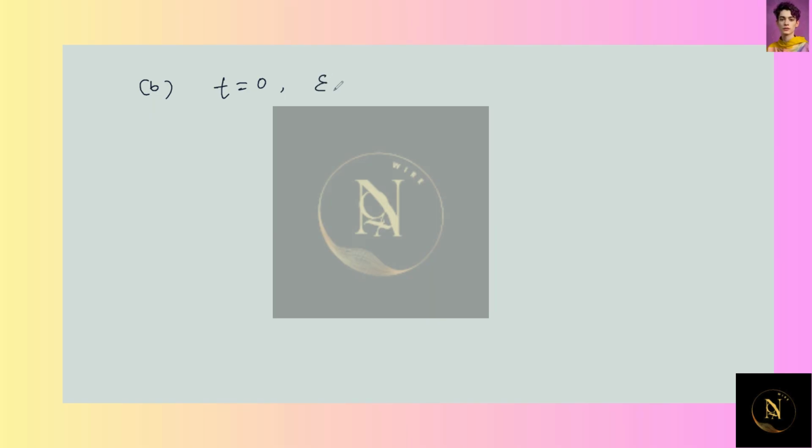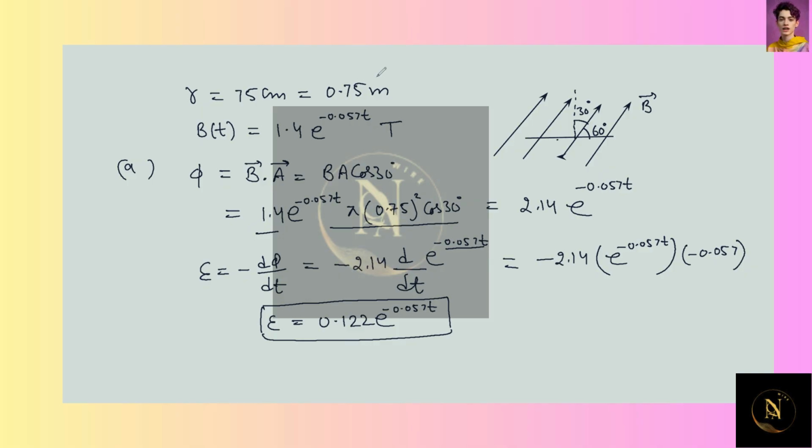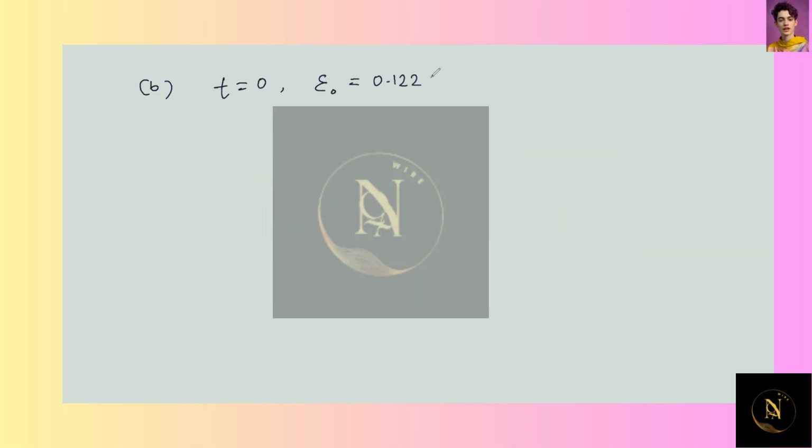So the initial EMF, E naught, will be given by 0.122 multiplied by e raised to the power minus 0.057 into time, which is 0, meaning it becomes e to the power 0, which is 1. So finally, this initial EMF induced will come out to be 0.122 volt.